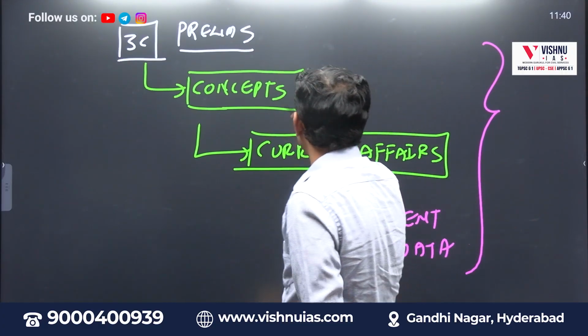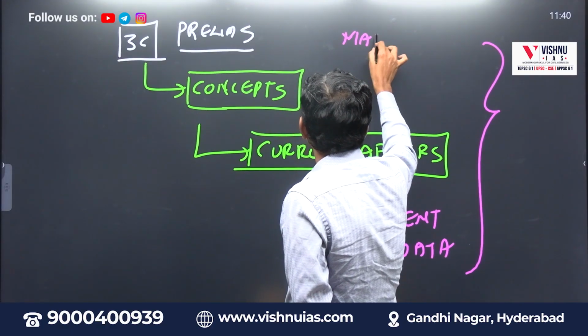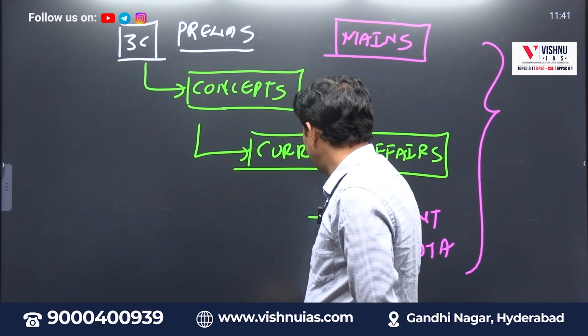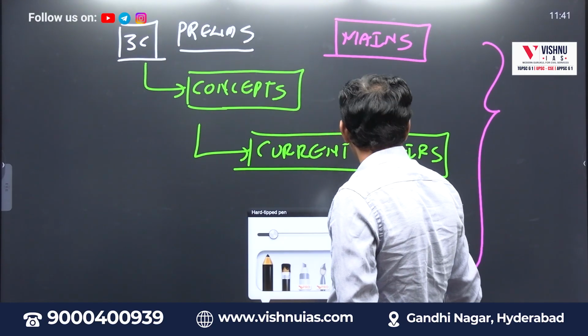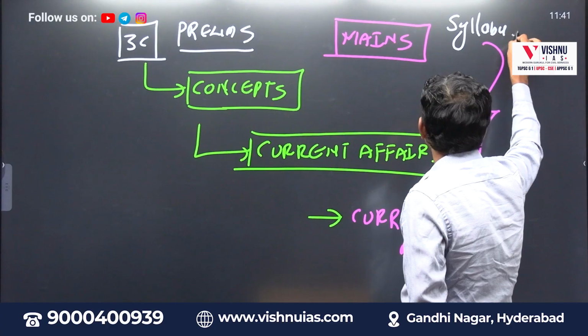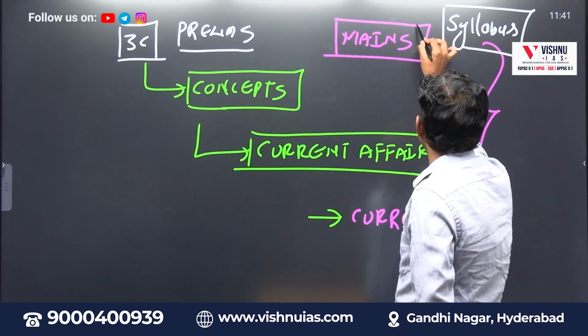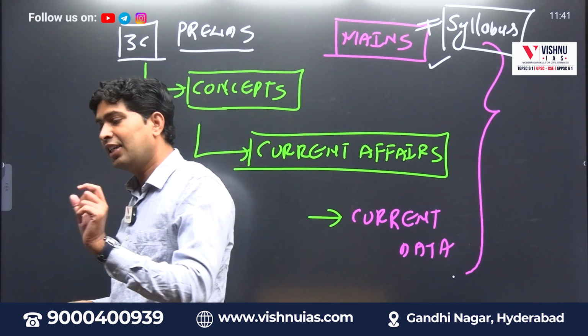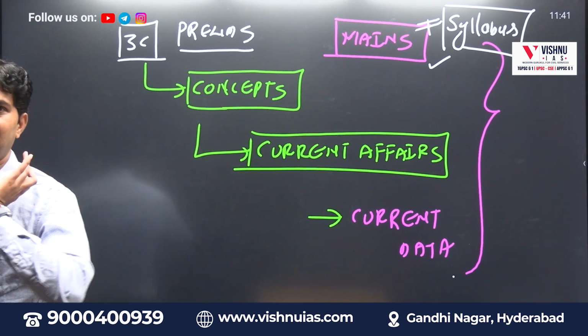Mains, if you look at, here we are far luckier, I would say, because in mains the syllabus is precisely defined. Clarity is more in the syllabus, which means chapter-wise headings and subheadings are already given in the mains syllabus paper.